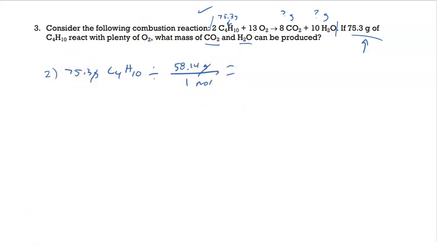And I get a big, long, ugly decimal, 1.29514, and I need to round that to 3 sig figs because I have 3 there, so 1.30 is how I round that, moles of butane.